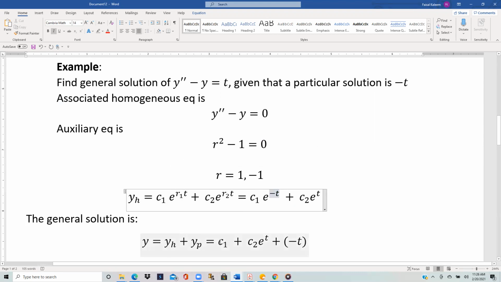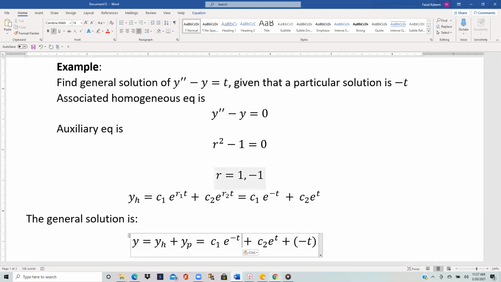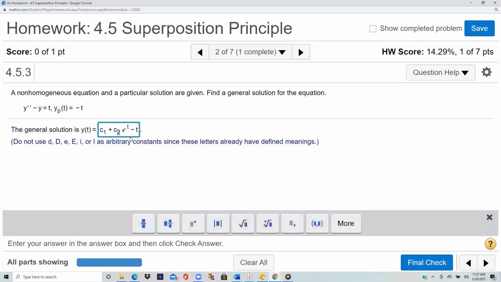So C1 e to the negative t. Okay, so that C1 is actually C1 e to the negative t. It doesn't matter. I wrote the negative solution first and positive second, it doesn't matter. Okay, C2 e to the negative t, e power negative t.